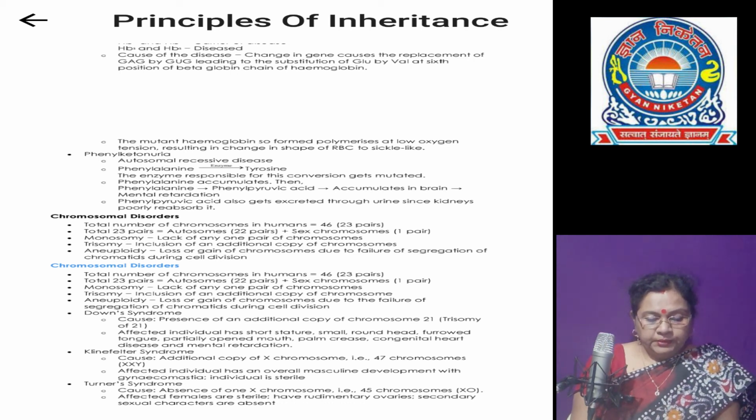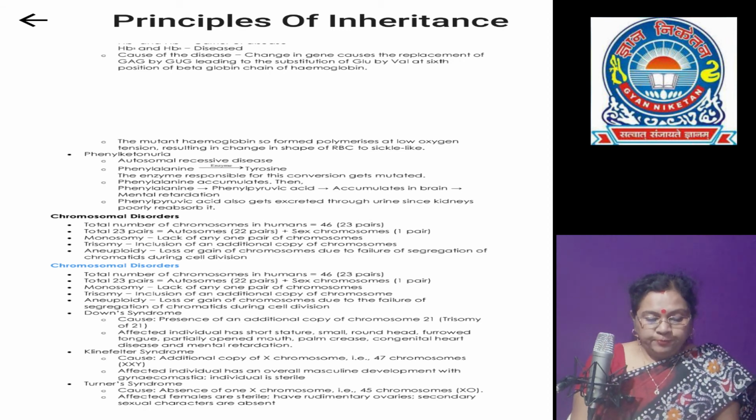Aneuploidy: when the chromatids fail to segregate during cell division, it results in addition or subtraction of a chromosome, called aneuploidy. It may be trisomy, 2n plus 1, or monosomy, 2n minus 1.